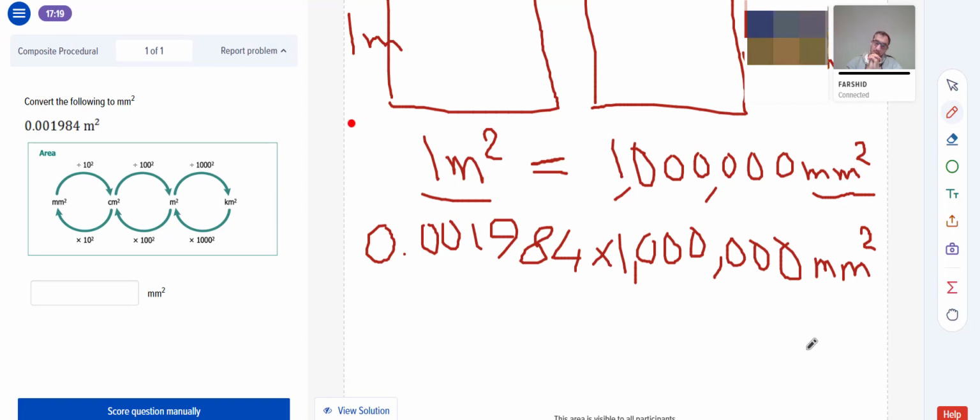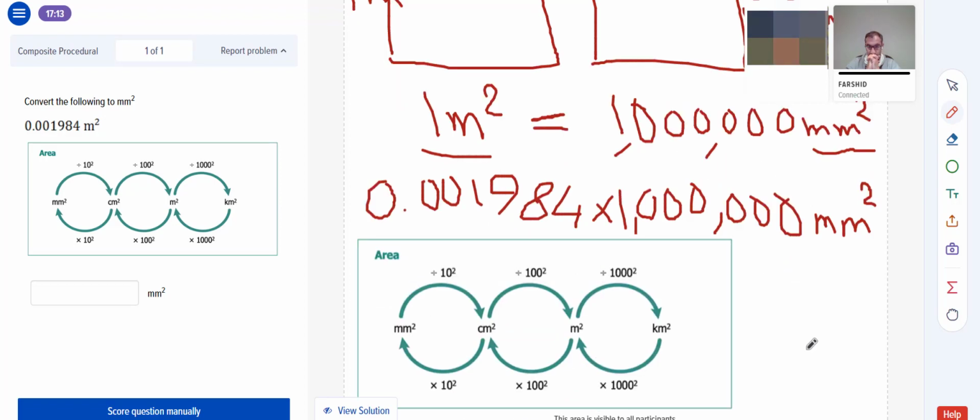So basically, to convert meters to millimeters, you need to divide by 100 and then divide by 10. So we can do that in 1,000. I don't think we would want to. Or as you said it, 1 million millimeters squared, because I probably did it wrong.